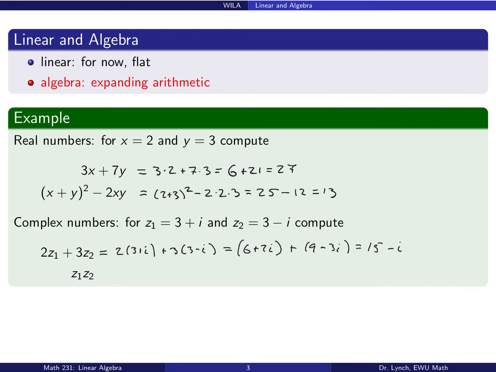Complex arithmetic gives us the value of 15 minus i when we collect up the real and the imaginary parts of this complex number. We can also do complex computations with products, and it helps to keep in mind just that i squared is minus 1. In this case, the value we get by multiplying these complex numbers is 4.